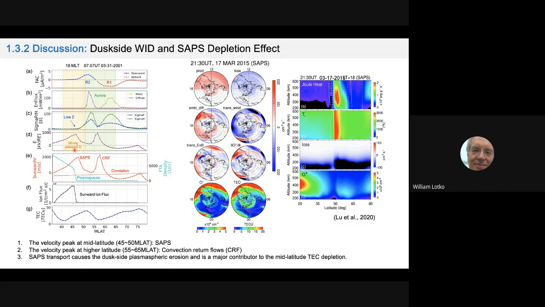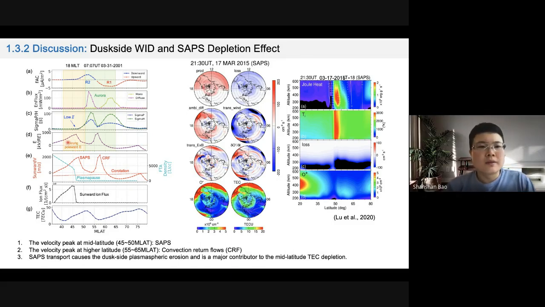Okay, to my understanding, we obviously see an imbalance of the region 2 current and region 1 current. These two currents may not cancel each other because this is under an under-shielding condition.